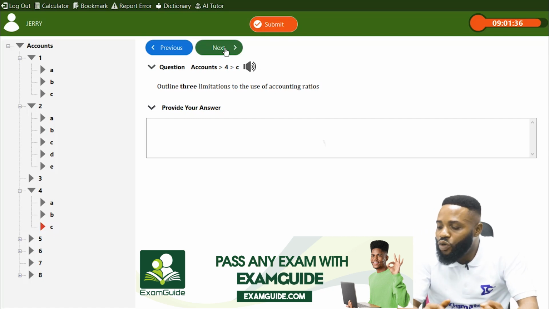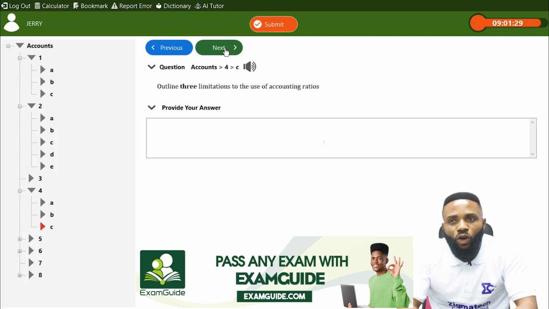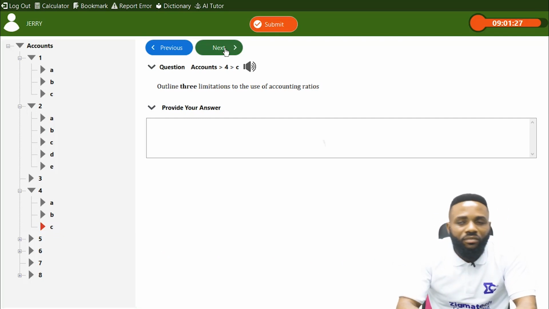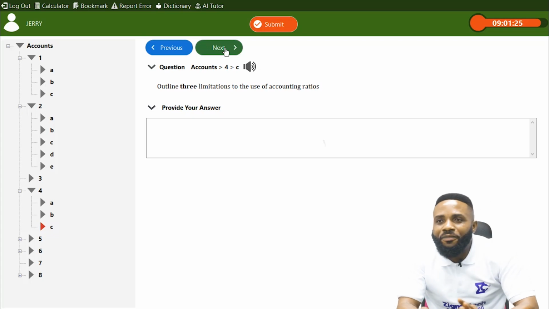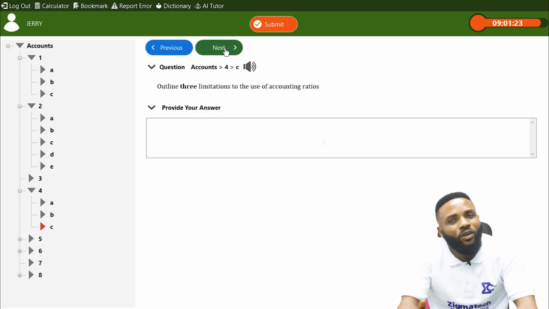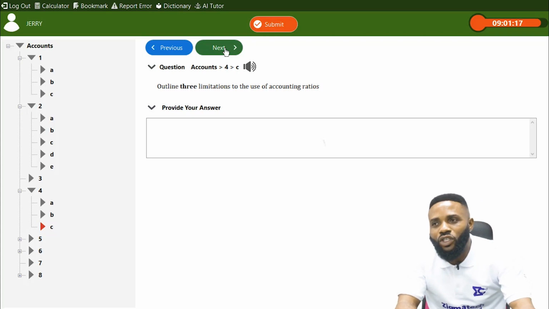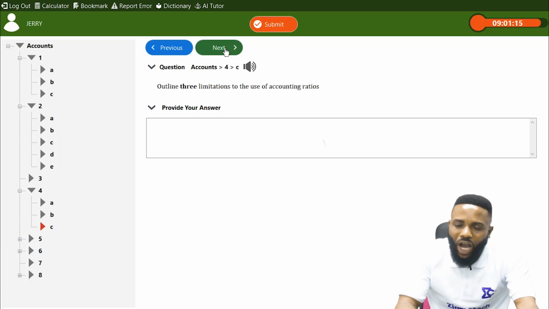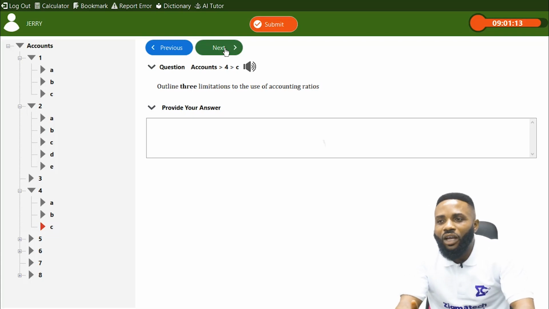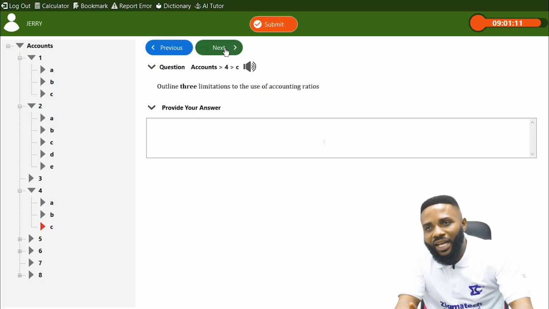The third one is the use of different accounting policies and methods by firms, which makes computing difficult. Different companies use different policies and different methods. For instance, company A can decide that the method of calculating depreciation is going to be straight line, while company B will tell you that what we are going to use is the reduced balance method.